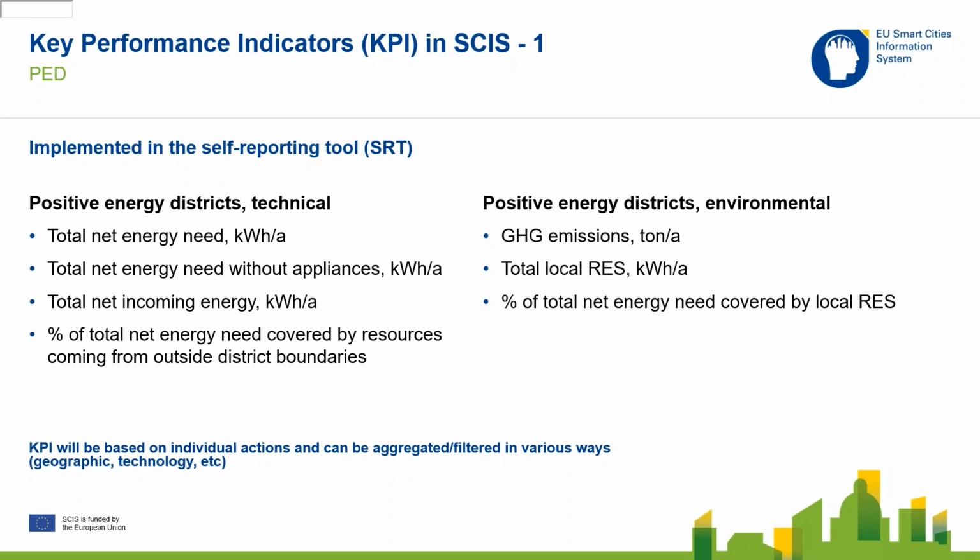what you see now is the indicators we decided to have in the system, more or less in line with the indicators. For example, for new buildings and refurbished buildings, because on the technical side they are similar. So they are the total net energy need in this case for the district.